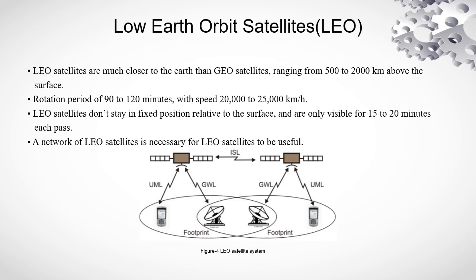The rotation period of these satellites is 90 to 120 minutes, with a speed of around 20,000 to 25,000 km. LEO satellites don't stay in a fixed position relative to the surface and are only visible for 15 to 20 minutes each pass. A network of LEO satellites is necessary for them to be useful.